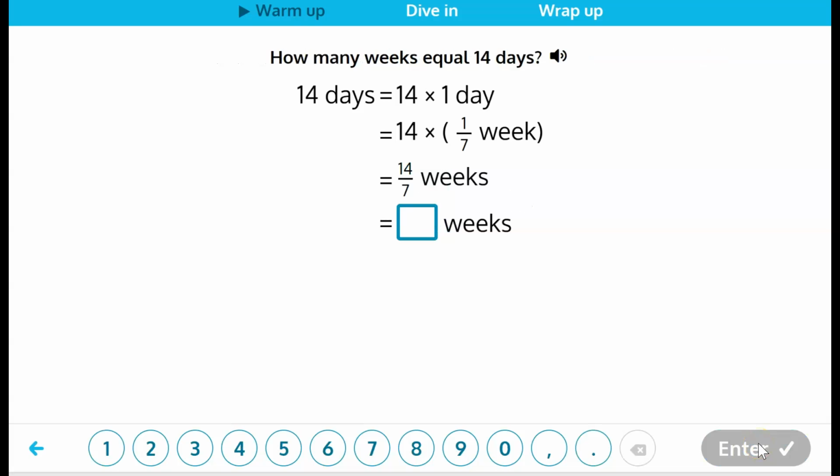So now we want to decide how many weeks of 7 days will 14 make. We can make 2 groups of 7 from 14. 14 divided by 7 equals 2. So it would make 2 weeks.